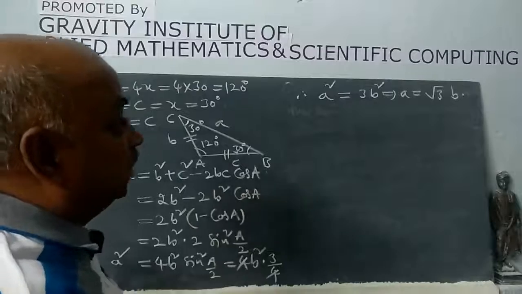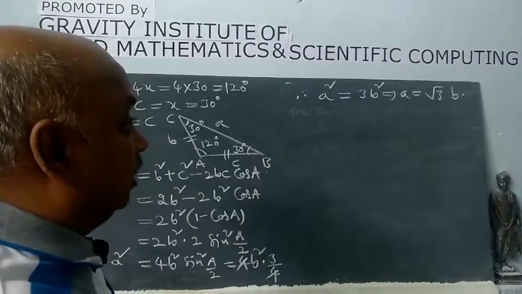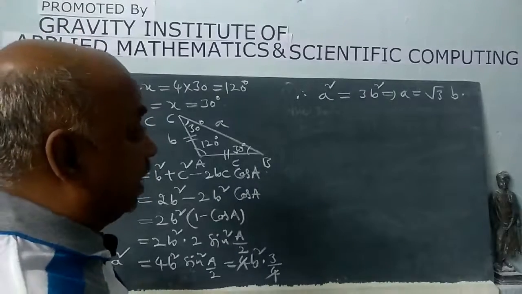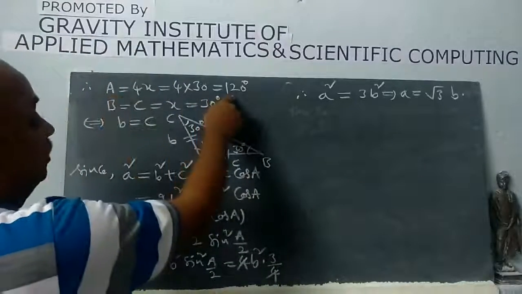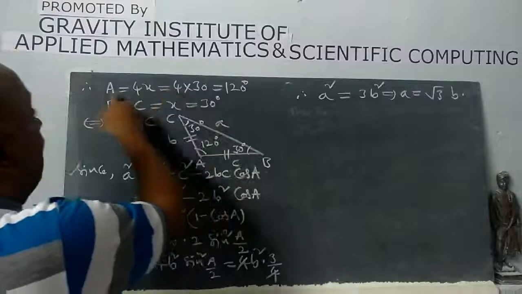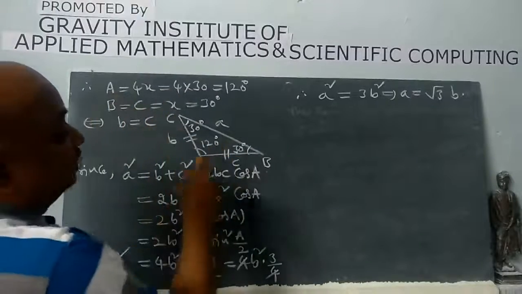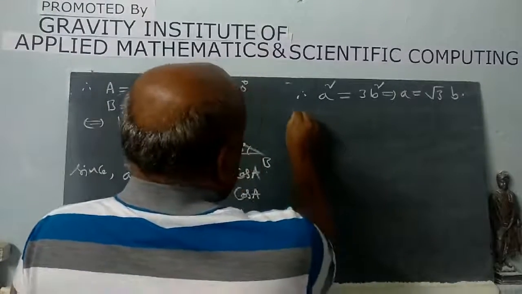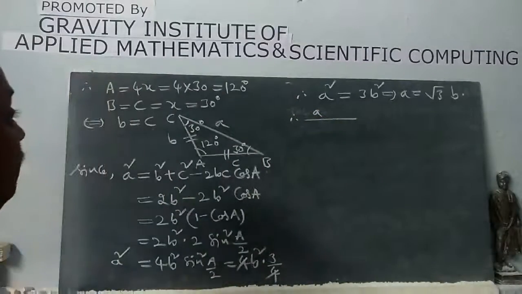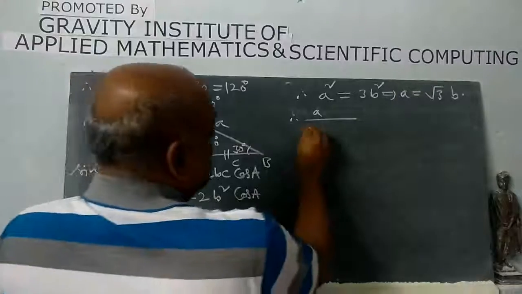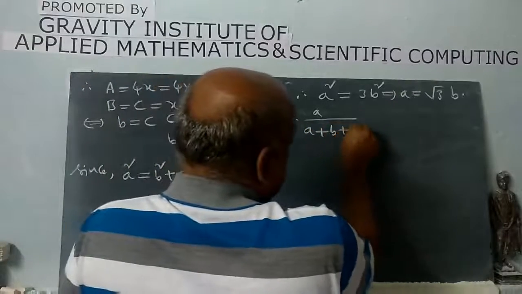Here, ratio of the largest side to the perimeter. So, angle A is 120 degrees. So opposite to the angle A is the longest side. Therefore, a by the perimeter, which is a plus b plus c.